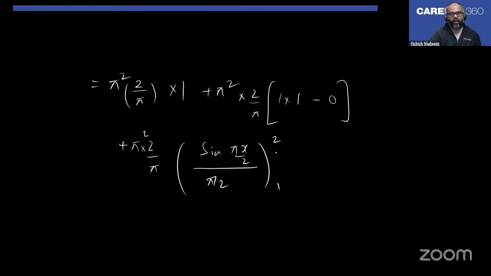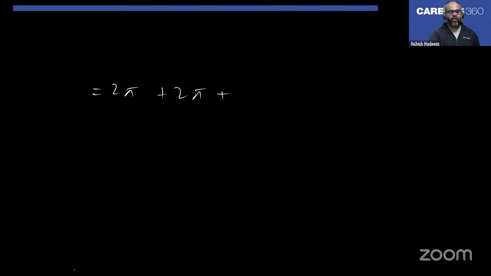And when you put x as 2, sin π will be 0, minus this outside 2π.